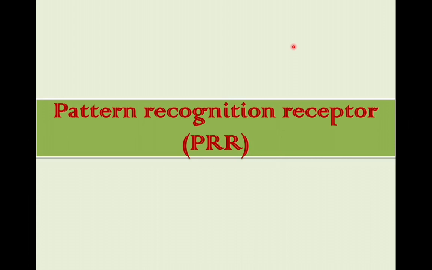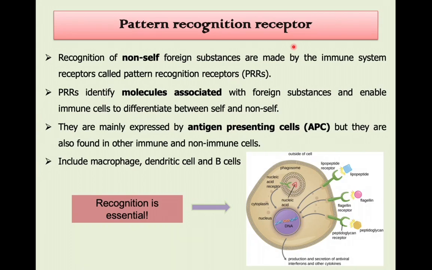Alright. So next, let's go to the PRR, which is pattern recognition receptor. Alright, PRR. So PRR basically can distinguish between non-self and self substance. So how this PRR performs their activity?